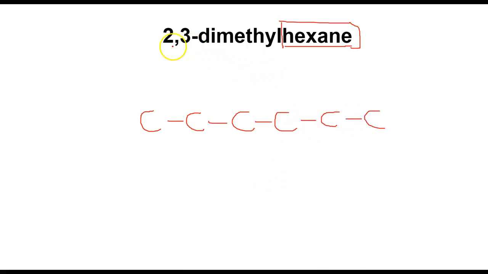Then we have a 2,3-dimethyl. So methyl meaning 1 carbon branches, dimethyl meaning there are 2 of them, 2, 3 referring to where on the parent chain those are located. So if we start here at number 1, 2, 3, 4, 5, and 6, then 2,3-dimethyl means that we have a methyl branch coming off here and a methyl branch coming off here.